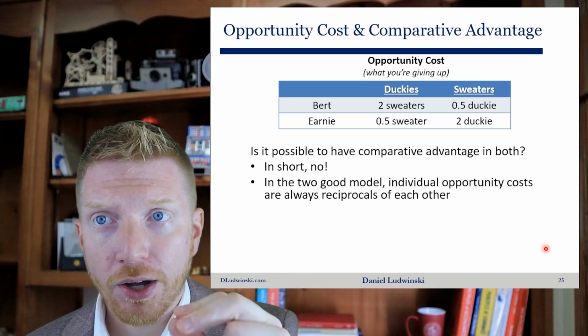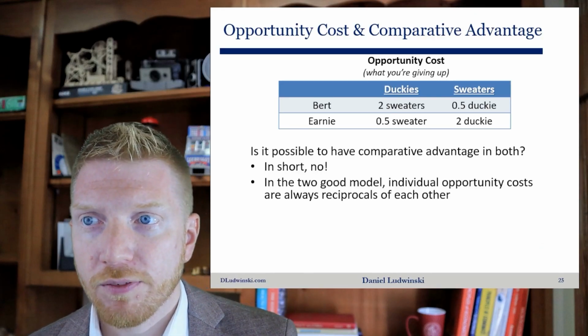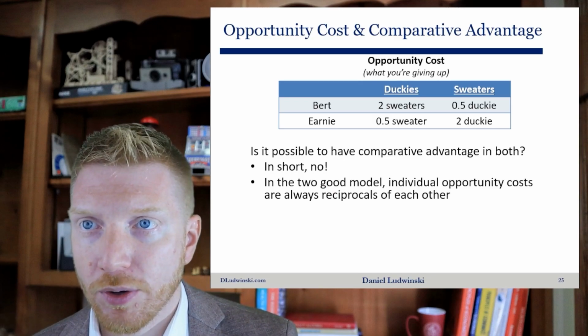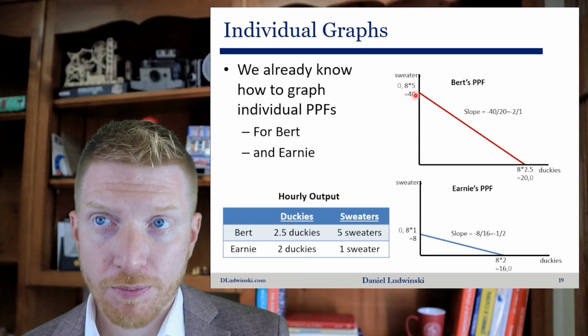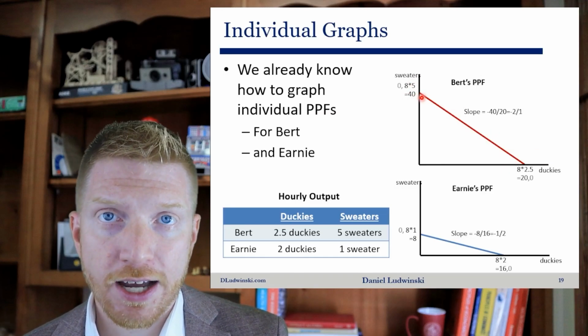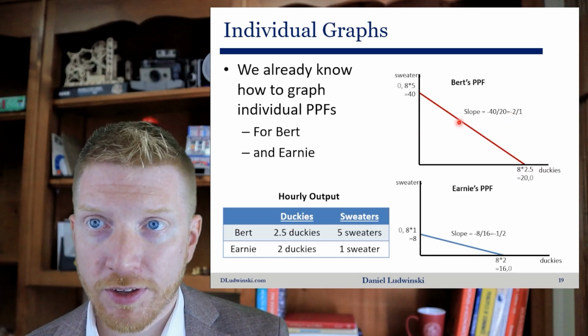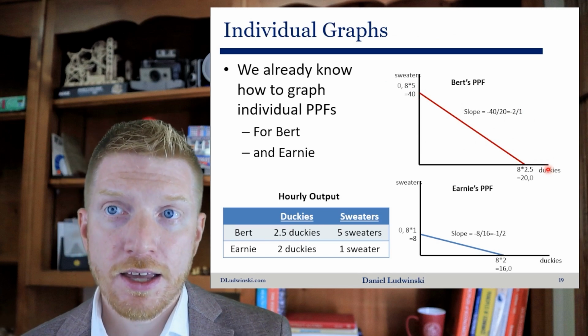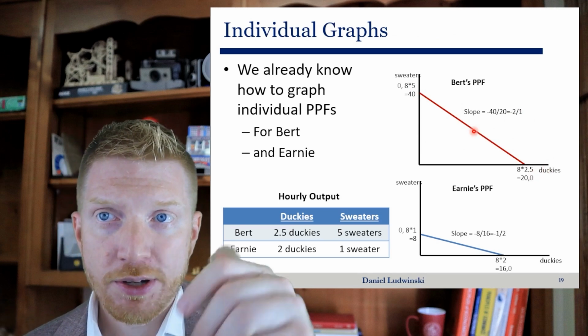In our two-good model, the opportunity costs are always going to be reciprocals of each other. If you think about it graphically, as we move from one good to the other, the opportunity cost is how much you're giving up for how much you're getting, or the slope. That's the opportunity cost to get duckies. And the opportunity cost moving the other way is the reciprocal of that.